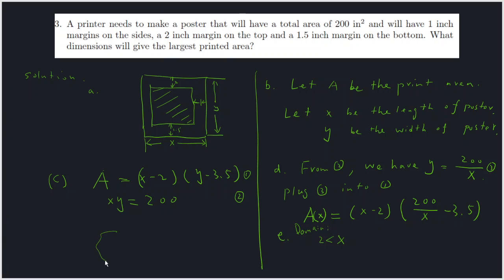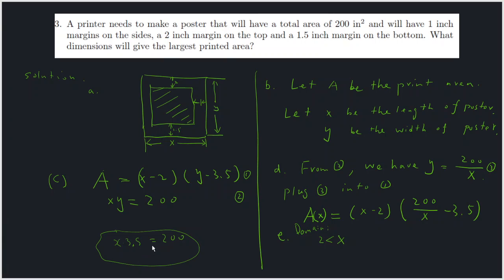It's not part of the work, but I will squeeze that in here. Again, the largest possible value of x is determined by the least possible value of y, and the least possible value of y is very close to 3.5. We're going to use the y value of 3.5 to determine the largest possible value of x. So you solve the equation x times 3.5 equals 200 for x.